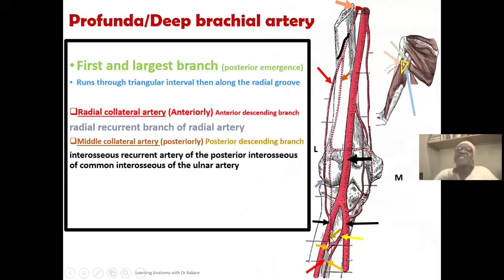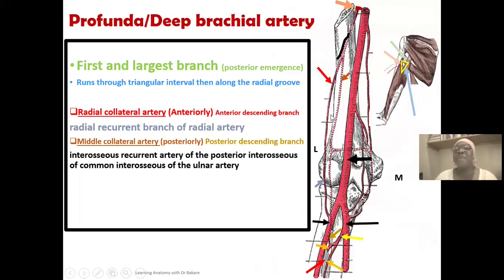So this interosseous recurrent artery is seen to be driven upward, where it will finally be uniting with the middle collateral artery. Don't forget that the middle collateral artery, we already highlighted that it is directed posteriorly because it is a subdivision of the profunda or the deep brachial artery. And as one of the terminal branches of this artery, it is seen to be directed posteriorly. where we have the radial collateral artery directed anteriorly, and this is why it is creating anastomosis around the anterior region of the lateral epicondyle.